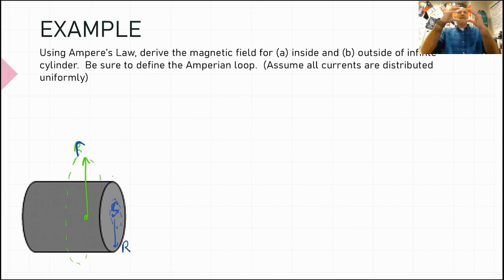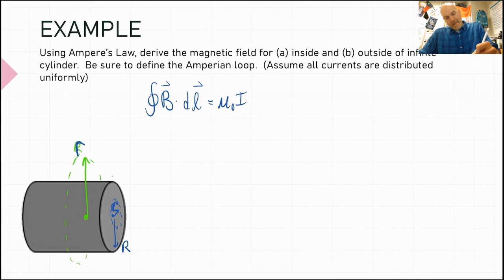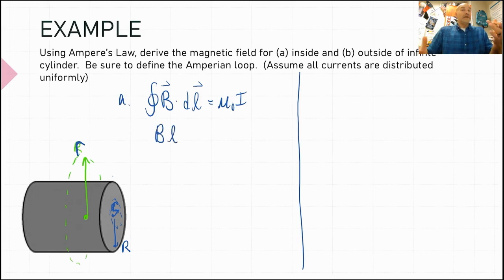It's just like when we did inside the sphere, when we had to find the ratio of those r's. So we start with Ampere's law, the integral of B dot dl equals mu naught I. This is part A. And here's the good thing, don't be crazy: B dot dl is just going to be B times L. We made a loop, that's a circle, so the length of that circle is going to be 2 pi r.